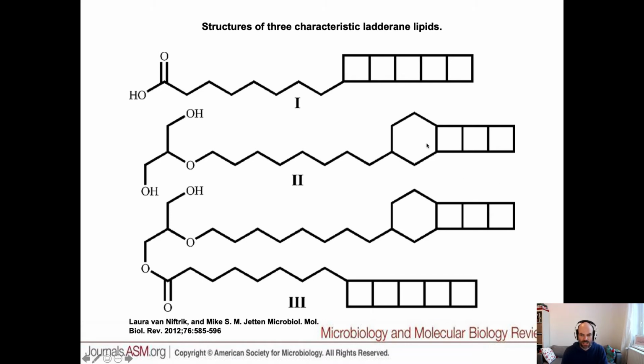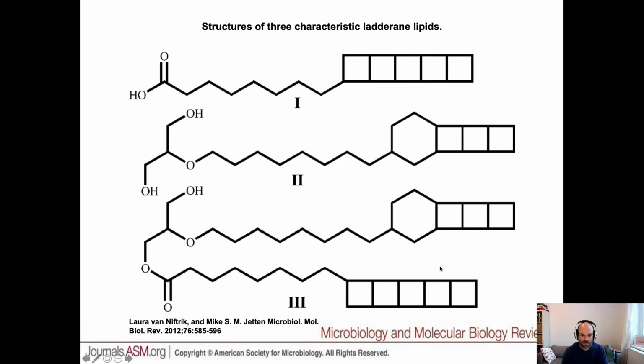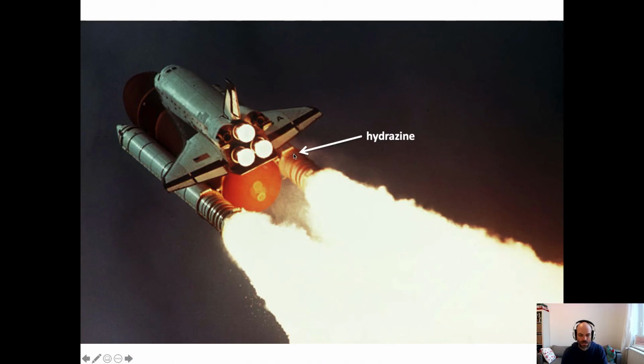And my understanding is that the idea is you want to have a leak-proof anammoxosome because an intermediate in the anammox process, which is listed here, N2H4, is hydrazine. And you may have heard of hydrazine before because it is the primary component of rocket fuel.